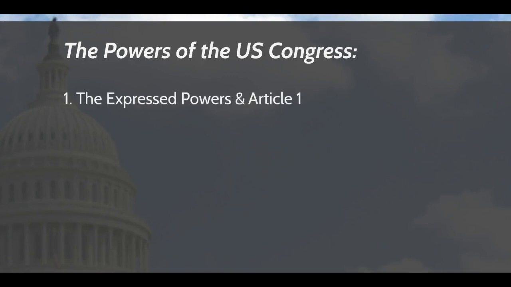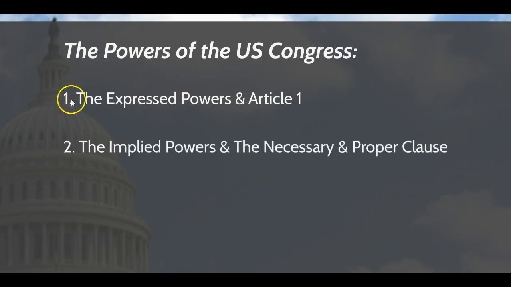If we look, first of all, what we want to look at is in Article 1, there are, if you remember, the express powers. And these express powers are powers that are written, that are expressed, that are explicit in what sort of powers Congress has. There's also the implied powers.